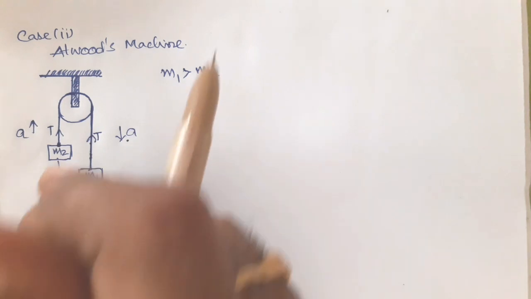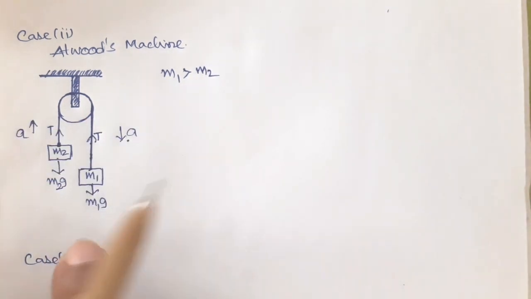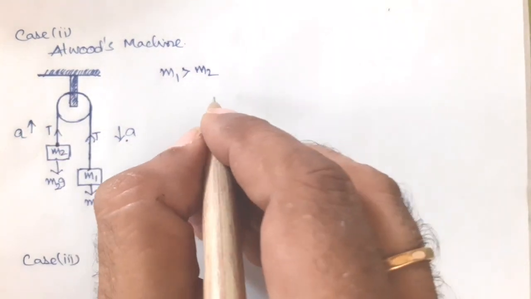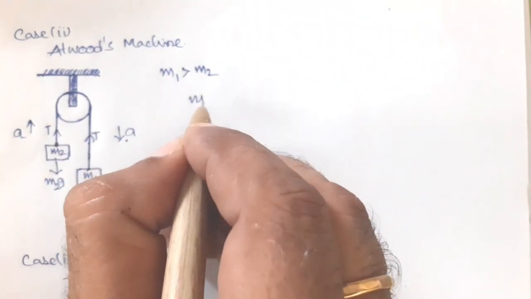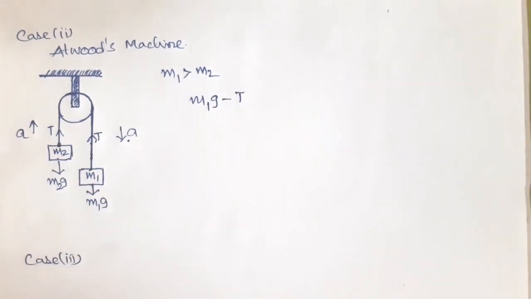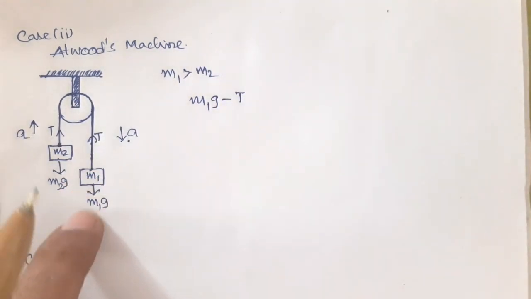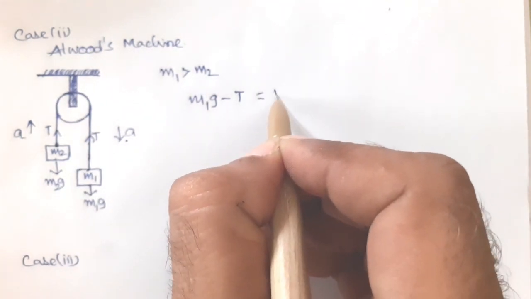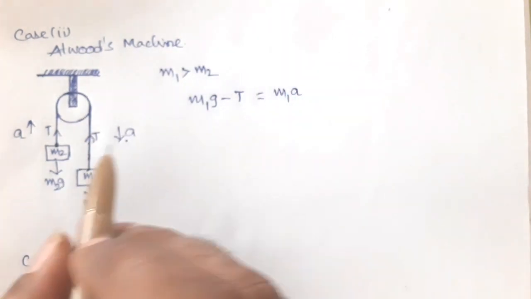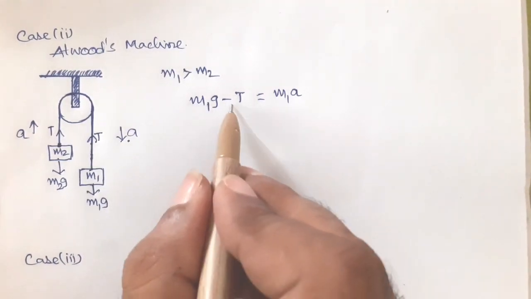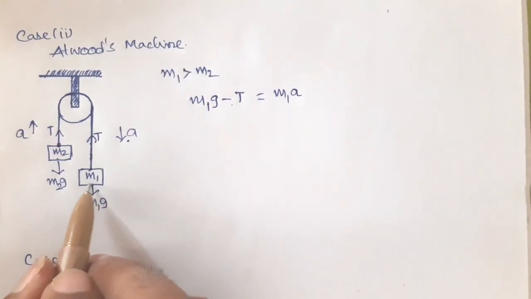The body is moving in the downward direction, meaning weight is greater than this tension. So you can write the equation as m1g minus T, because it is moving in the downward direction. m1g is greater than this tension, which is equal to m1a, and that is nothing but the resultant force acting on the body.